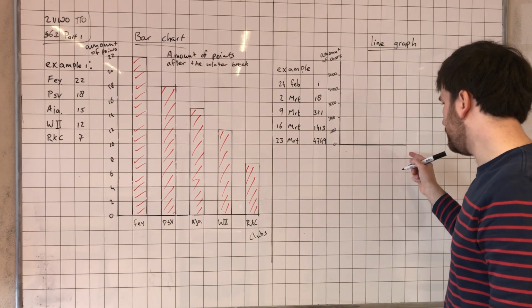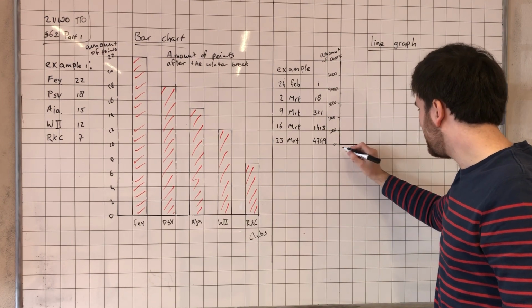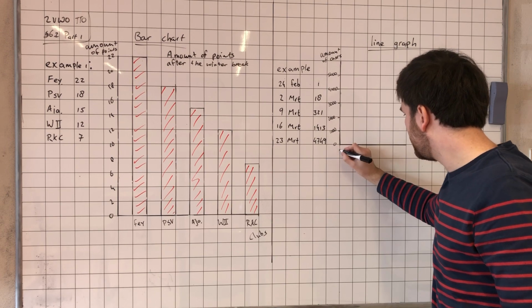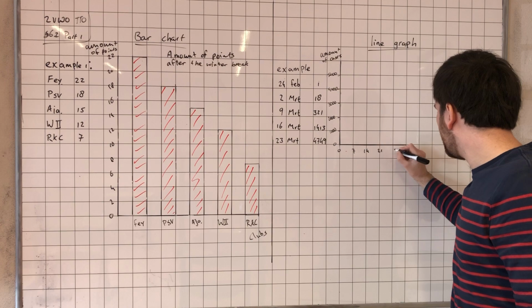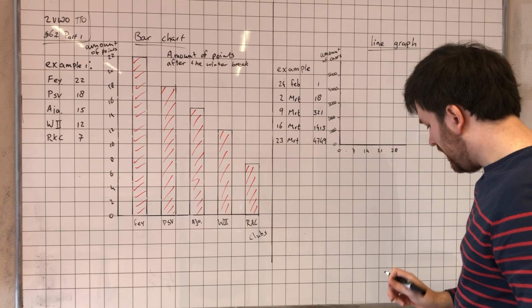And over here I'm going to write down the amount of days. So this is after 0 days, after 7 days, 14, 21, 28.